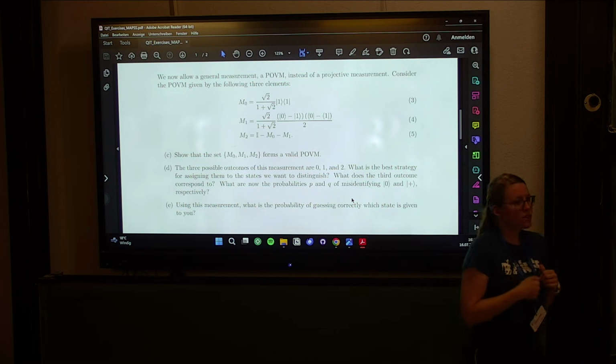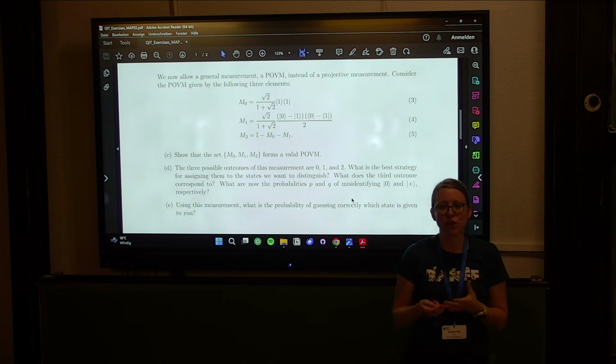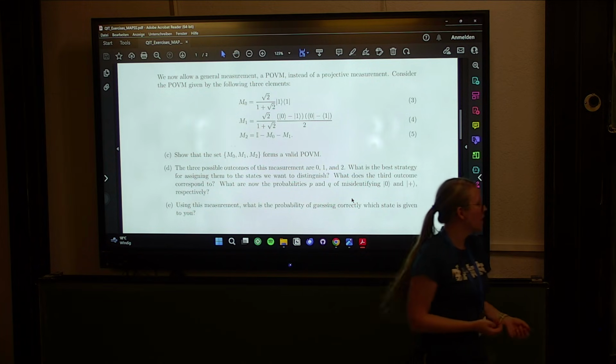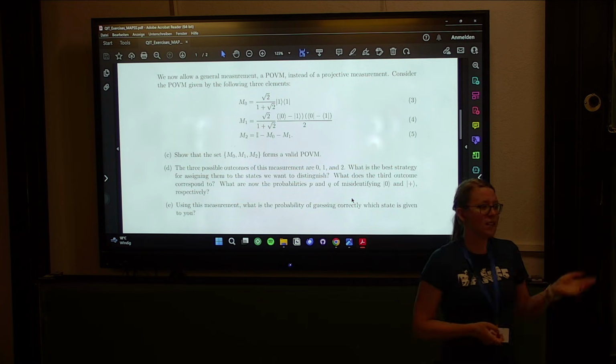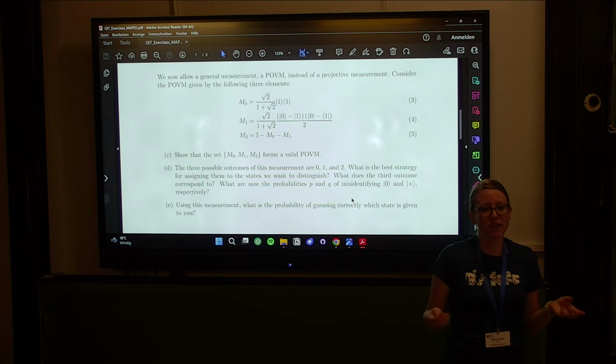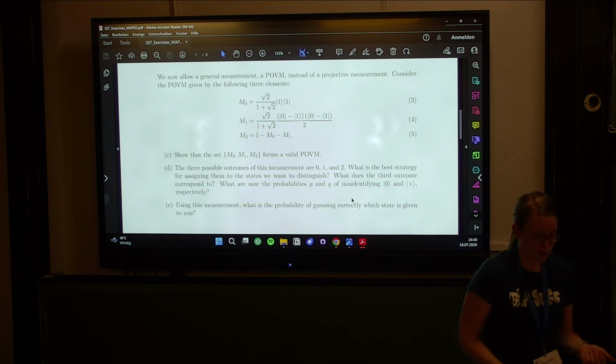But what is equally important to not making an error is to see how often I actually make a conclusive guess. What is the probability that I get one of these outcomes where I can make a guess? Because if in 99.999% of the cases I have to say, I don't know, then it's still not a very useful strategy to guess the quantum state.